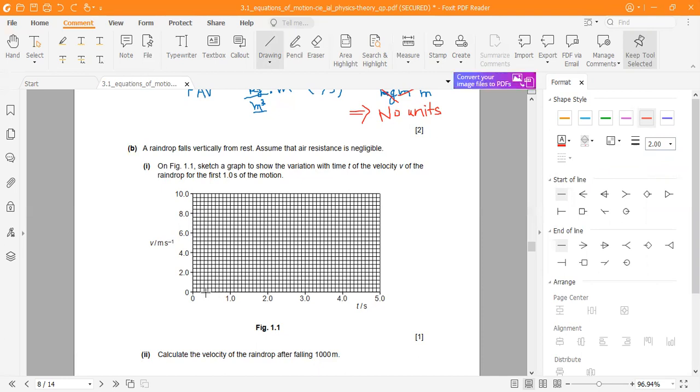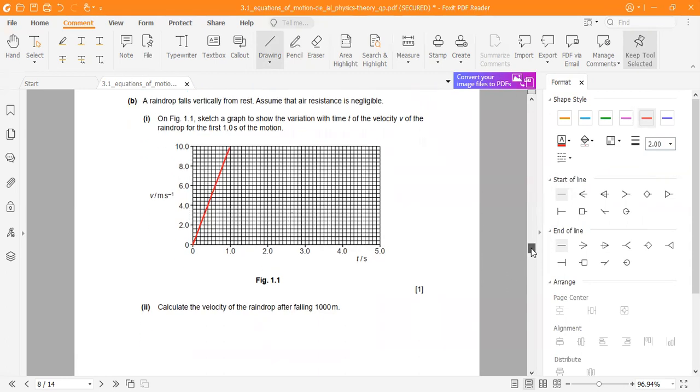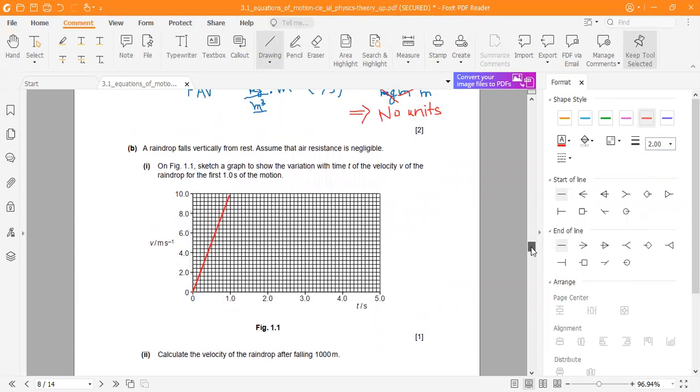So I will get a graph that looks like this somehow. Yeah, this will be my graph. Now they're saying calculate the velocity of the raindrop after falling 1000 meters.